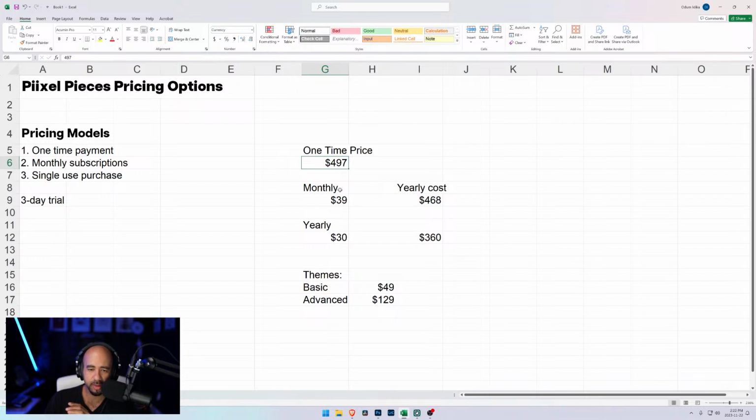So let's do, I hate doing this. I totally hate doing this, but let's just do some kind of projections. I really hate doing projections because you could just make them be whatever you want. But I think it's probably important to see the long-term viability of this, because the difference between doing it this way with a one-time price versus a subscription model is you're always going to have to get new customers, right?